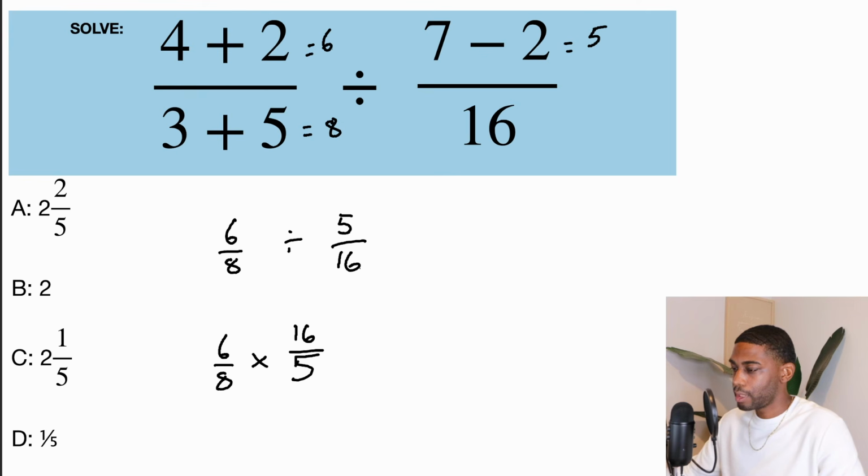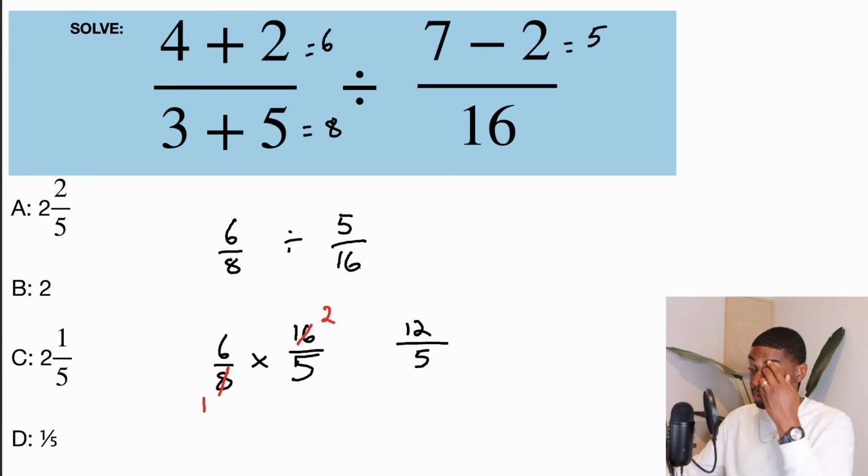So 8 goes into 8 a total of 1 time. 8 goes into 16 a total of 2 times. And now we can multiply going across. 6 times 2 would be 12. 1 times 5 would be 5. And here we are in the same spot. So regardless of which way that you chose to go, the answer would have still been the same.